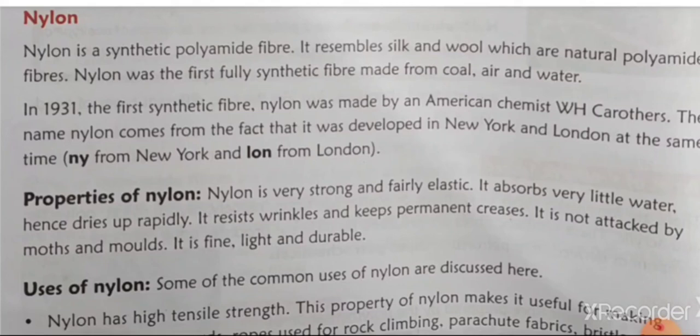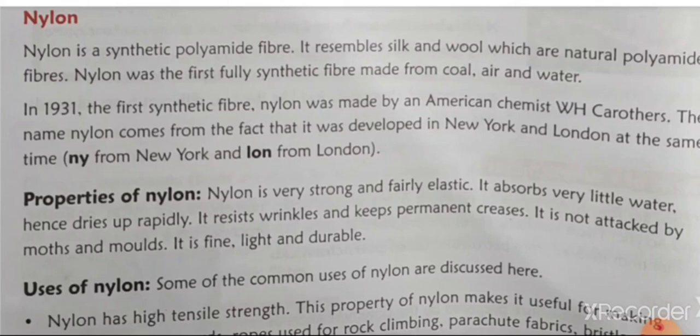Nylon was the first fully synthetic fiber made from coal, air and water. In 1931, the first synthetic fiber nylon was made by an American chemist, W.H. Carothers.